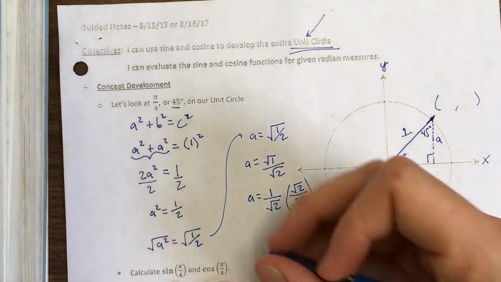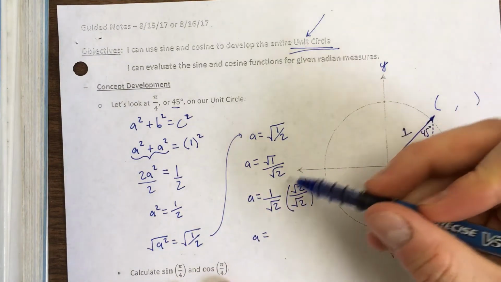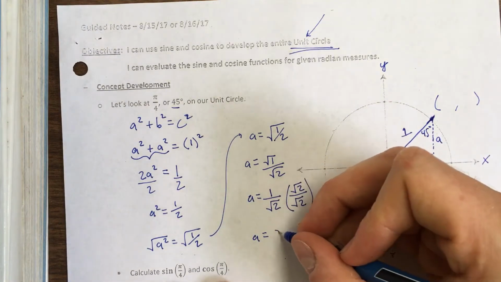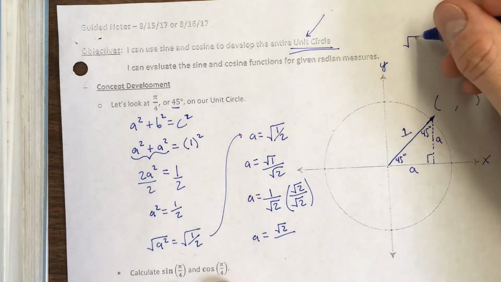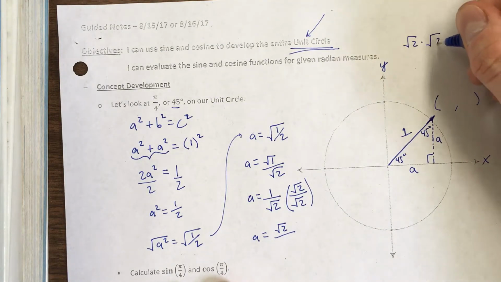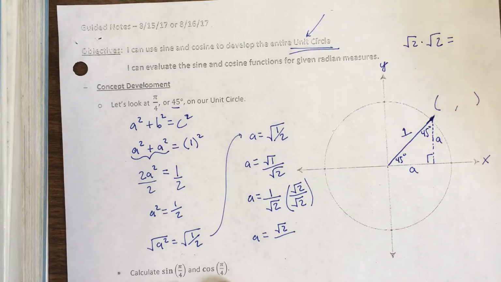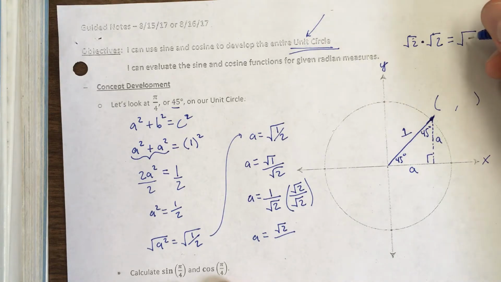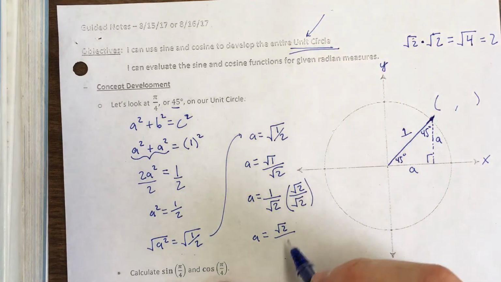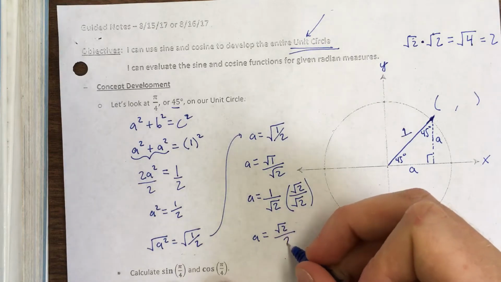Now we have A equals 1 times the square root of 2, which is just the square root of 2. Square root of 2 times square root of 2: if we have two radicals and we're multiplying, the radical stays and we multiply what's under, so that's the square root of 4, which we know is just 2. So our denominator becomes 2.